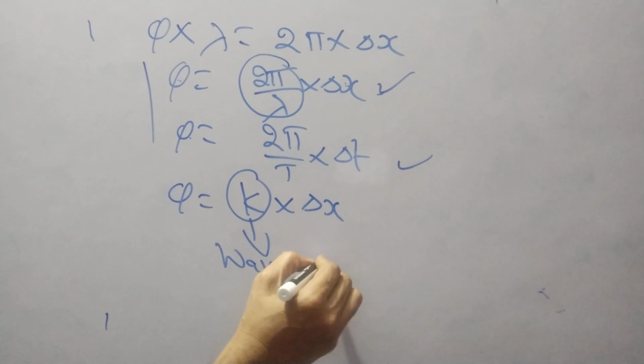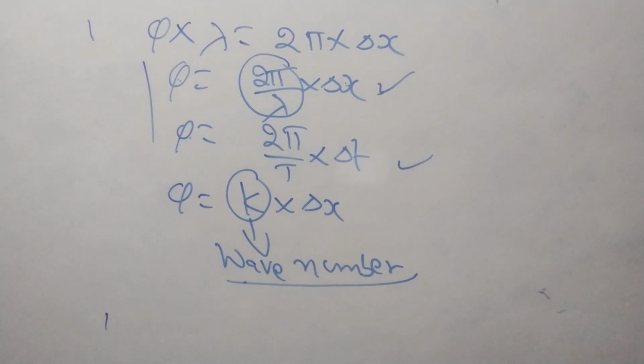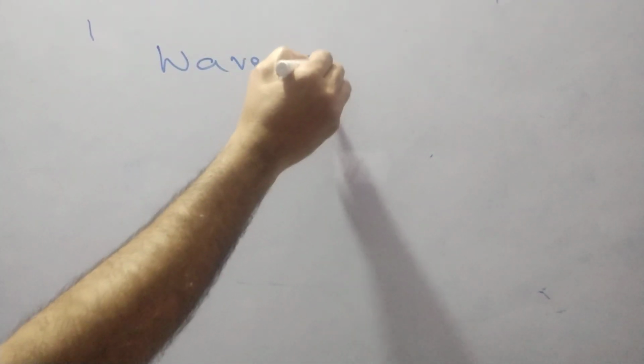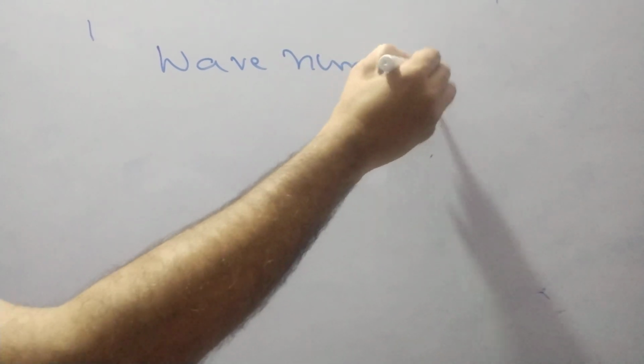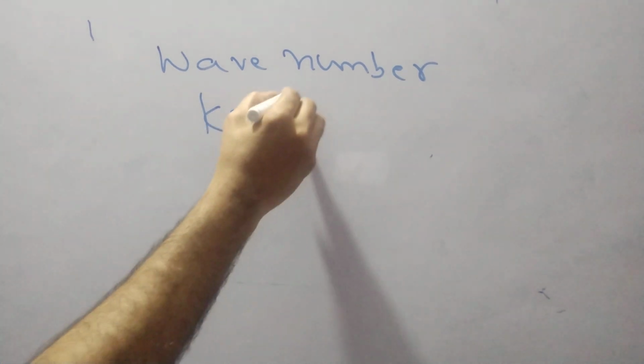So what is the wave number? 2 pi by lambda. Your wave number notation in physics is k. What is the k value? 2 pi by lambda.